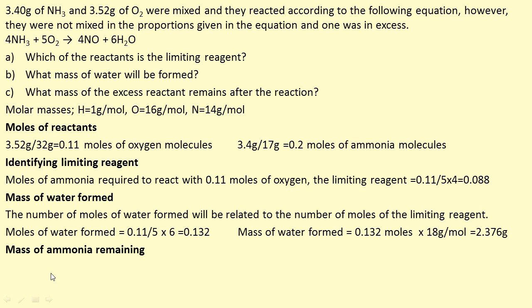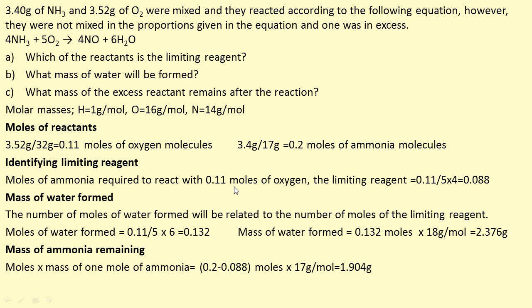Part C says what mass of the excess reactant remains after the reaction. We know that the excess reactant was ammonia, and we start off with 0.2 moles of it. Not all of it will have reacted, and in the second part, after we identified the limiting reagent, we worked out that 0.088 moles of ammonia reacted with 0.11 moles of oxygen.